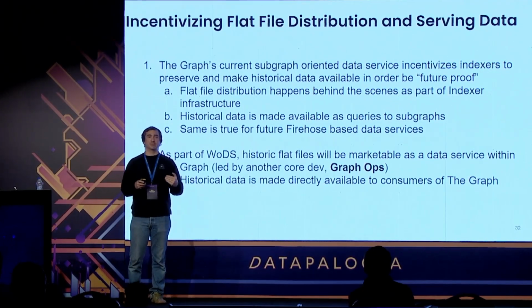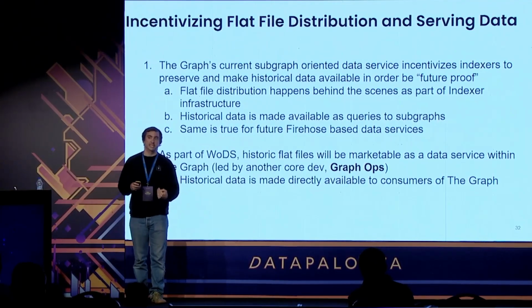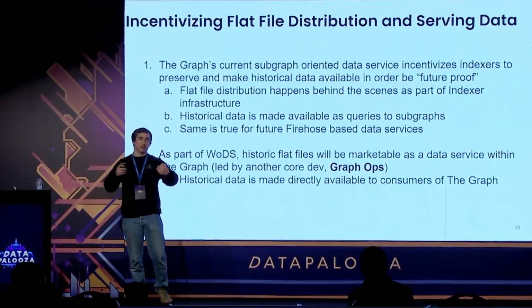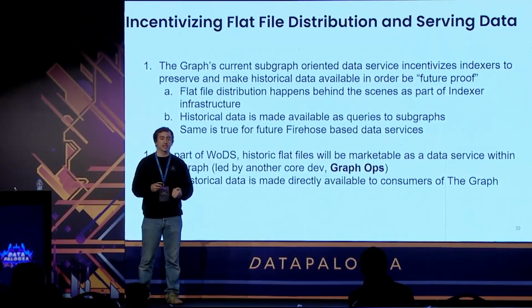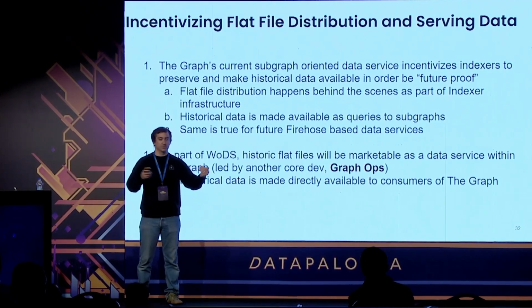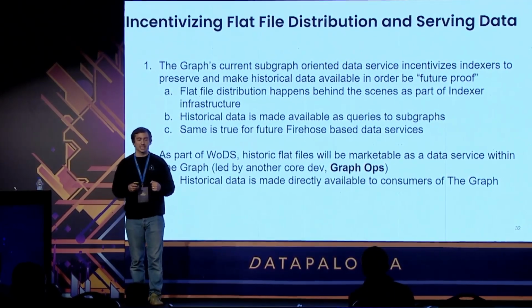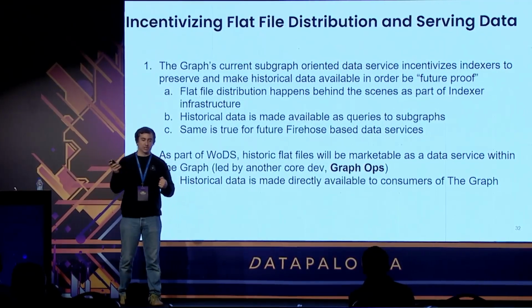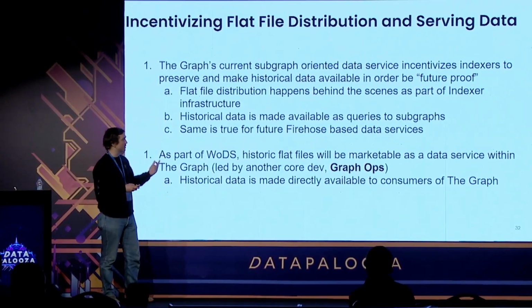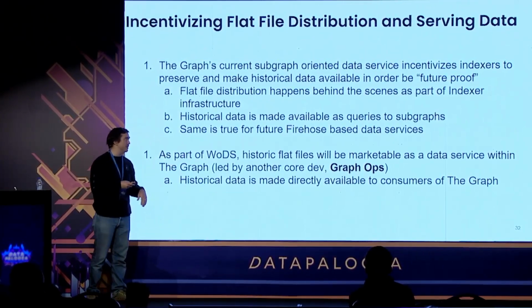It's basically because indexers want to be future-proof. Indexers don't know what consumers are going to be requesting in the future, right? They don't know what subgraphs consumers are going to be specifying. They don't know the range of data that they're going to expect. So an indexer who wants to maximize their profits is going to ensure that they have this data available so that they can serve subgraphs in the future. And this is also true for other Firehose-based data services.